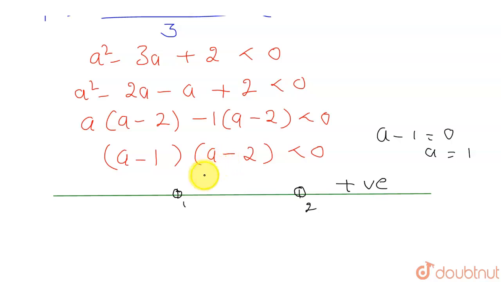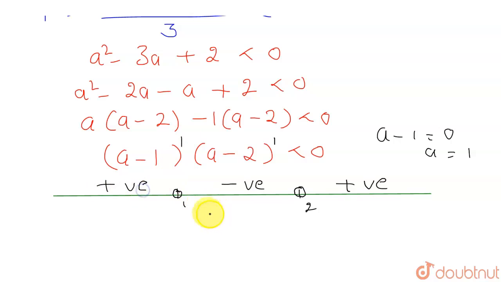Whenever we solve such an inequality, on passing each zero, we check its power. See, this zero is coming from this factor and its power is 1, which is odd, so the sign will change. Again at 1, we check, the power is odd, so the sign will change.